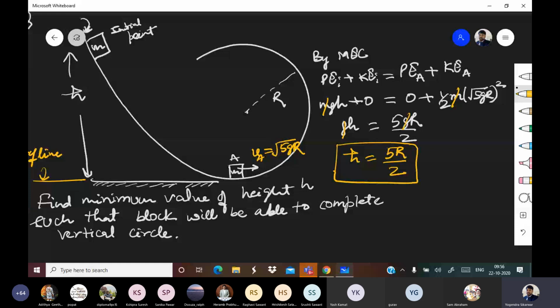So PE initial plus KE initial is equal to PEA plus KEA. PE initial is MGH, KE initial is 0. PEA is on the reference line, so it will be 0. KEA is half MVA square, and VA should be root 5 gr.